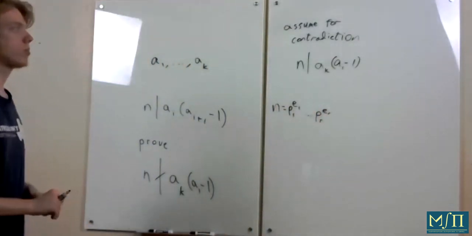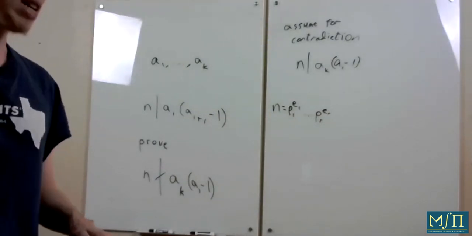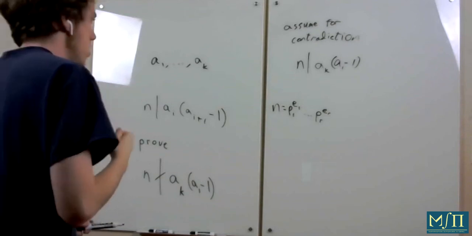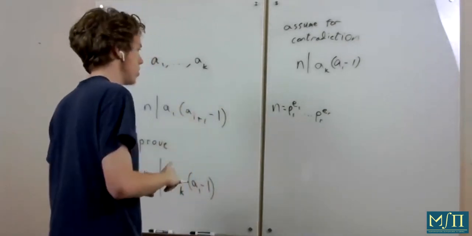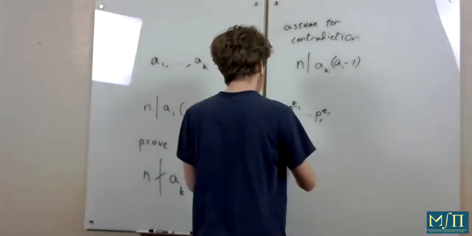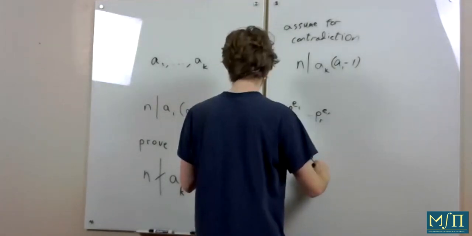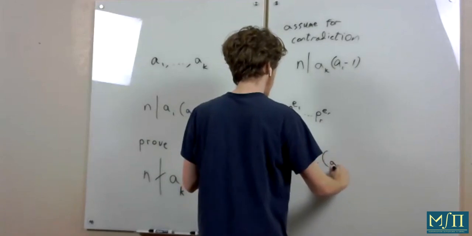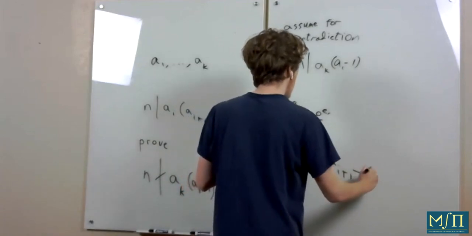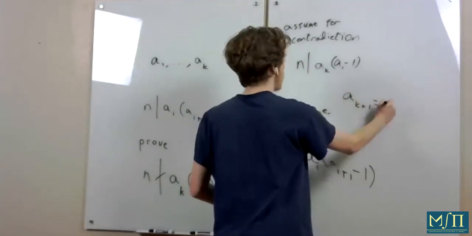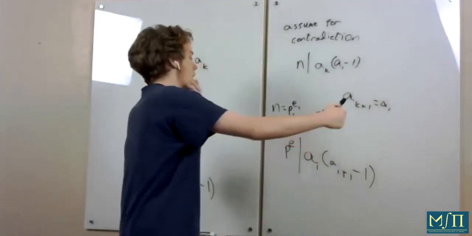For any prime p that divides n, if it divides it to some power e, let's say p to the e divides a sub i times a sub i minus 1, this happens for all i, and we're going to say a sub k plus 1 equals a sub 1, so that we can wrap around.